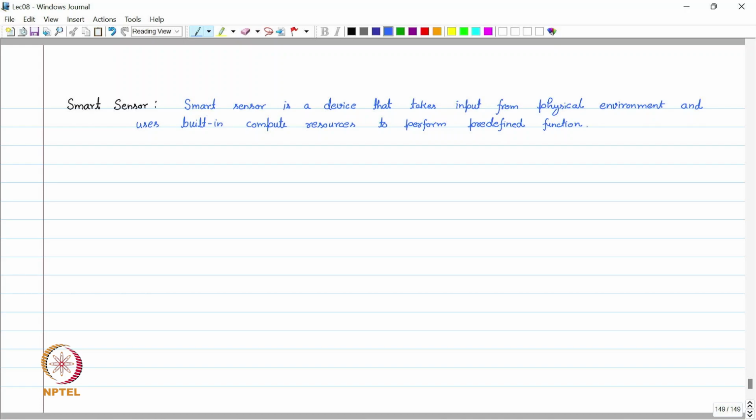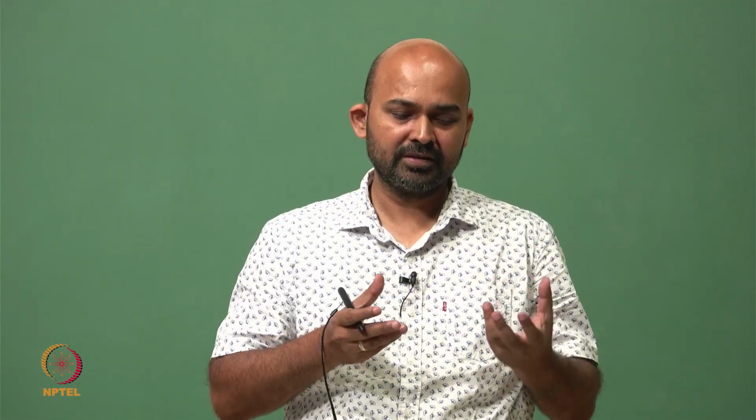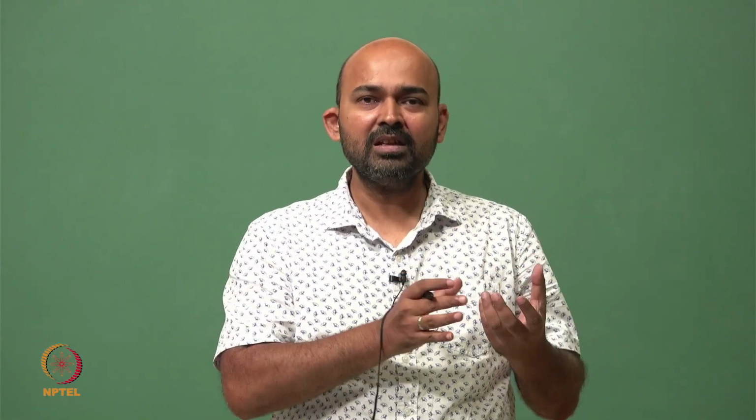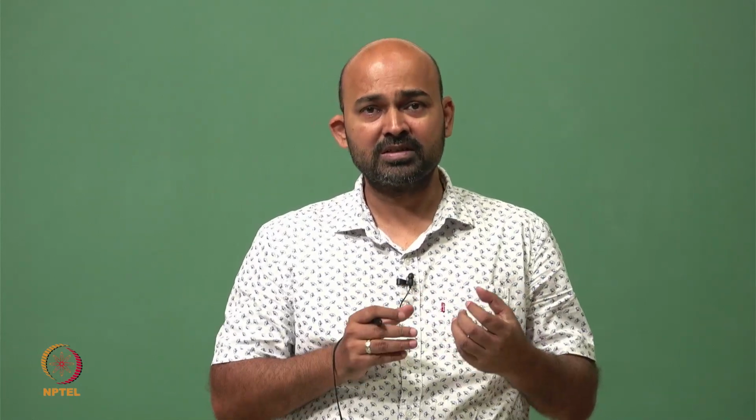So a smart sensor is a device which takes the input from the environment using some traditional sensor. Let's say we are talking about a thermal sensor now, which is a smart thermal sensor. The basic element of sensing is still the thermal sensor we have discussed earlier. This traditional sensor is going to measure how much thermal energy there is, and based on that it is going to convert this information into an electrical signal.